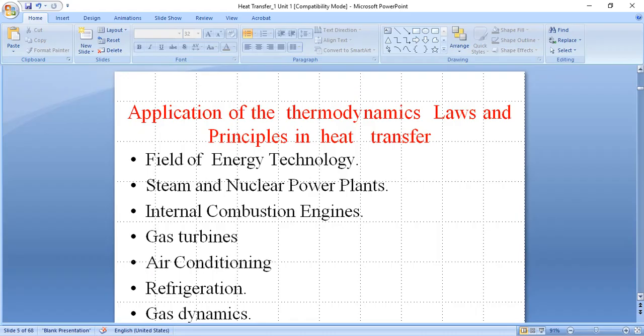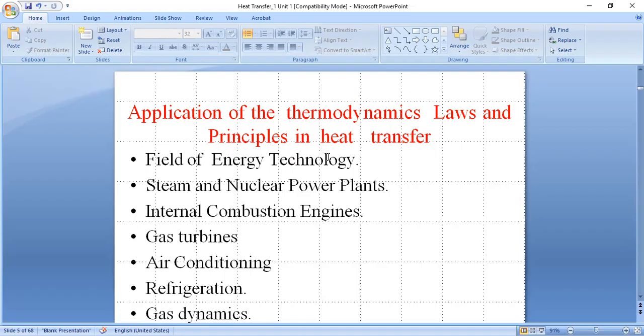In applications of thermodynamic laws and principles in heat transfer, the first one is the field of energy technology, covered in IC engines, which we use in everyday life.